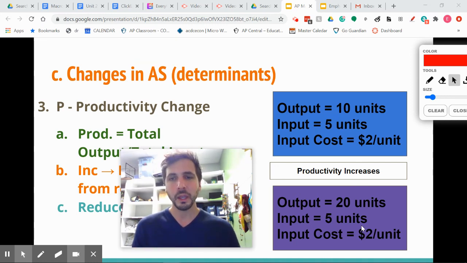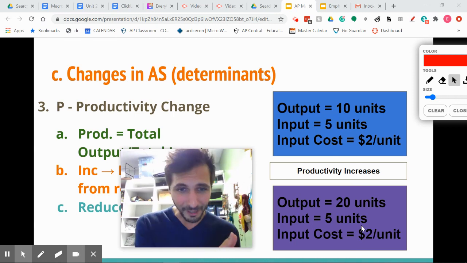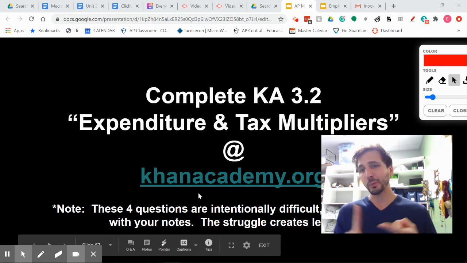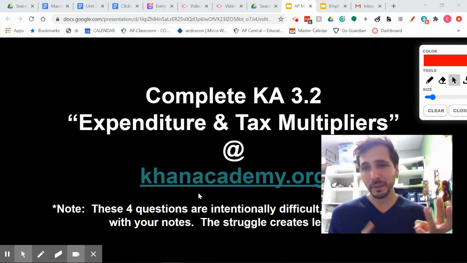My profitability will rise. All that to say, when we're more productive, per unit production costs fall, and our supply shifts right. When I'm less productive, per unit production costs go up, and our supply shifts to the left every single time. Put it all together, that's RAP: resource prices, actions of the government, productivity.